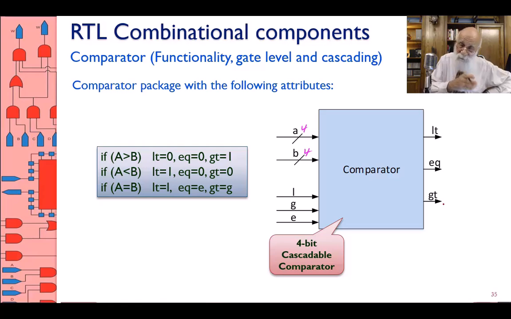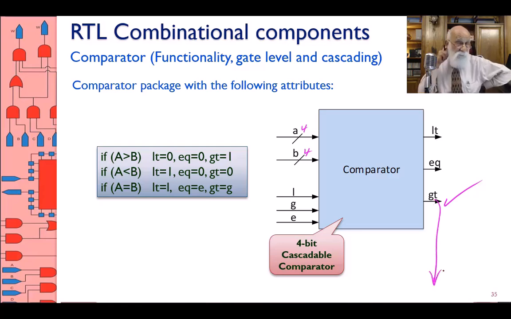I have the same inputs as outputs. This comparator says this: if A is greater than B, I'm going to announce it right there. So this becomes my greater than output. If A is less than B, I'm going to announce it right there.